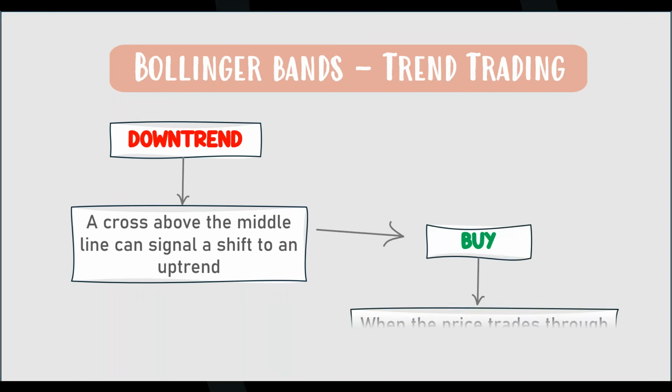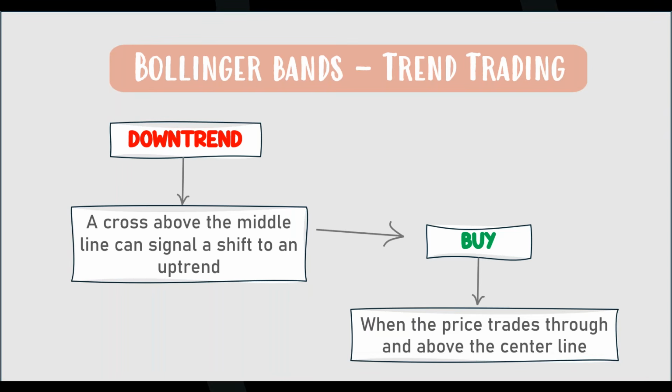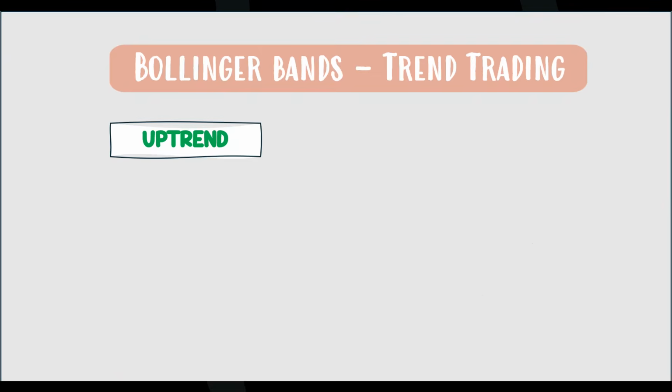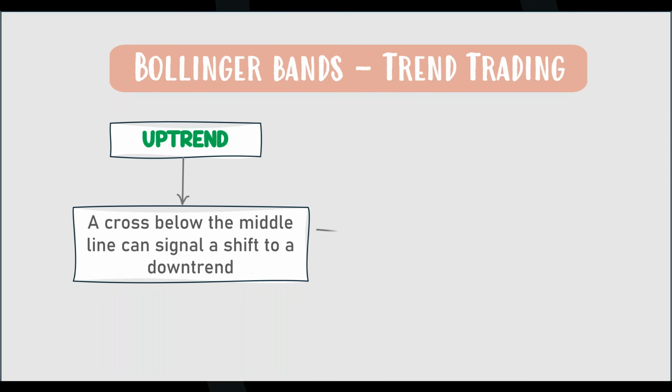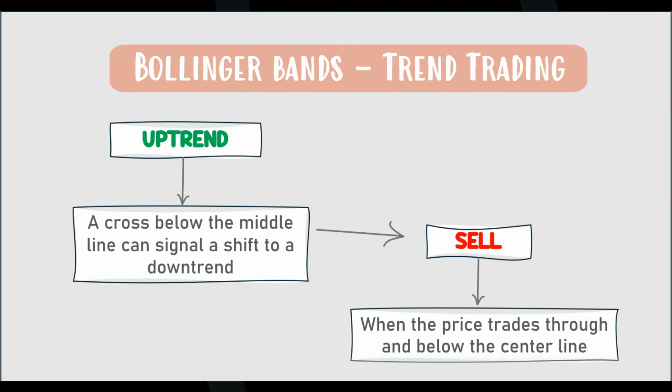That gives you a buy, and that means you should then be getting out of that short and going into a buy. And in an uptrend, prices will trade closer to the upper band and the middle part. But when the middle center line is breached, that gives you a sell indicator. And that's when you would sell.